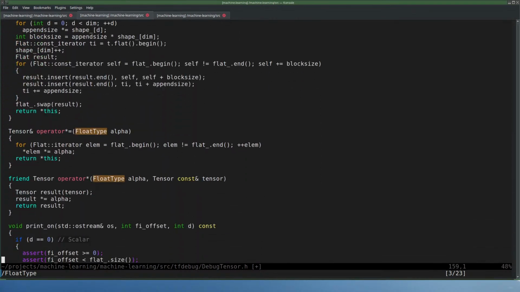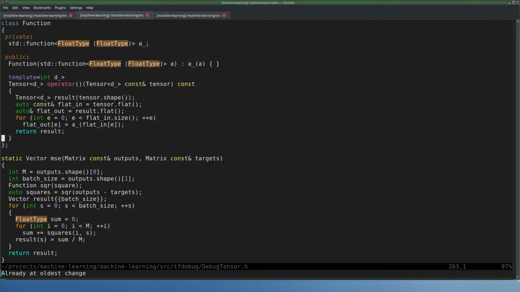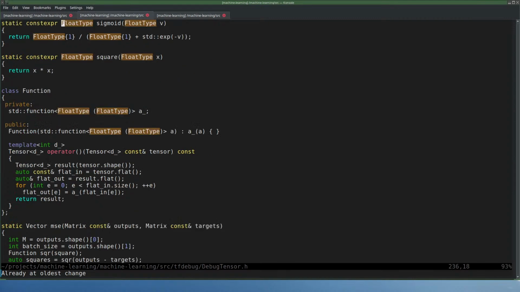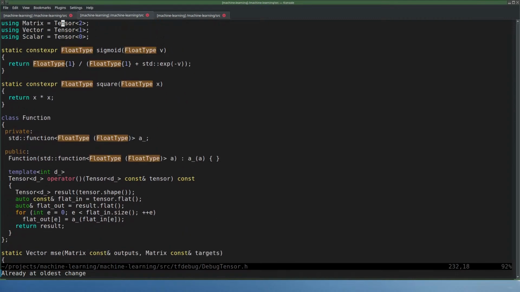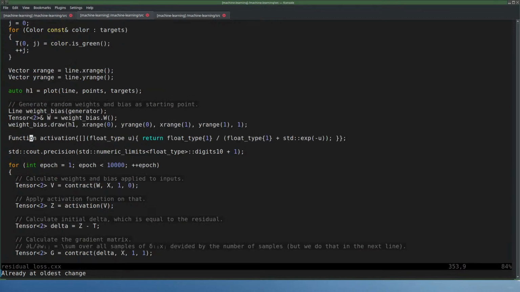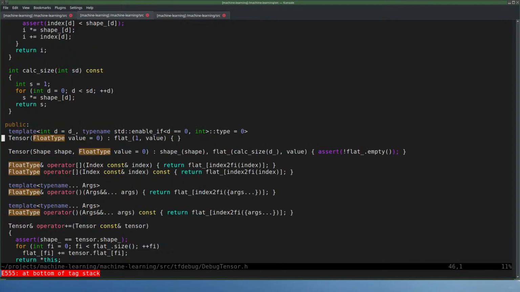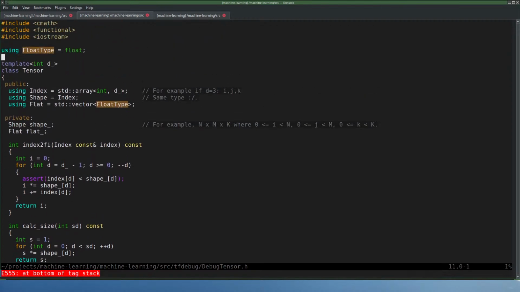Okay, so let's, I don't know, what did I change? Tensor is already, no, yeah, it's already a template. So why not pass the float type as well?